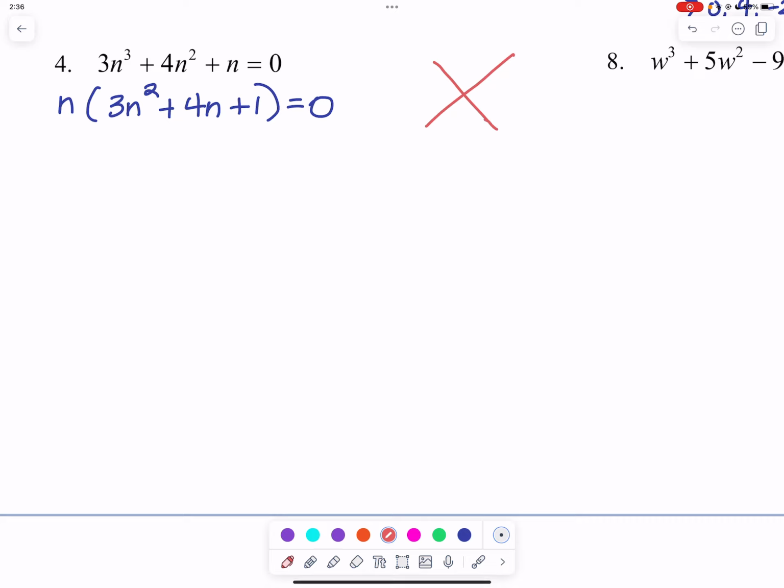We have two numbers multiplied together to equal 3 and add together to equal 4, and of course it's a 3 and a 1. And then we will divide both of those by 3n and reduce.